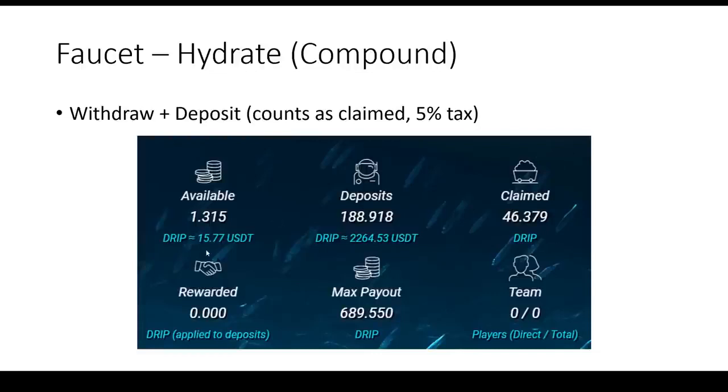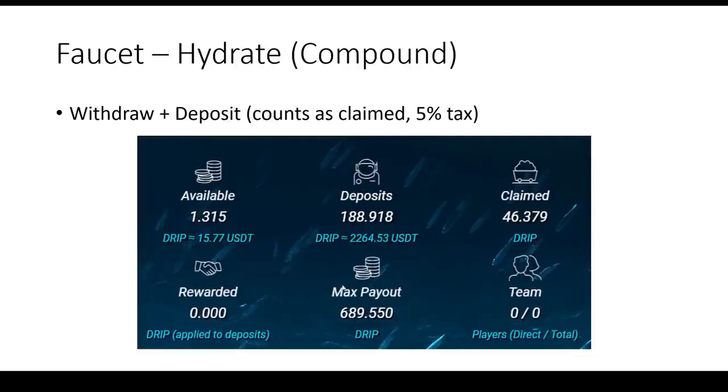Let me say that again. Whether I claim this or hydrate this, that amount of tokens will be added to my claimed. So what's the big deal about that? Well, look at your max payout. This is the maximum payout that I can get from the drip network, from the Faucet contract. This is my maximum payout, but I've already claimed this.